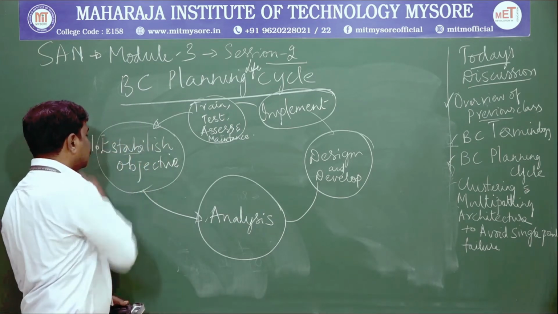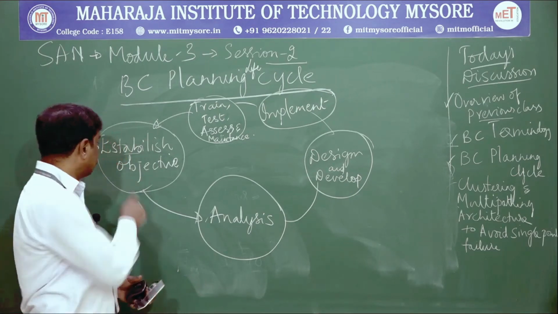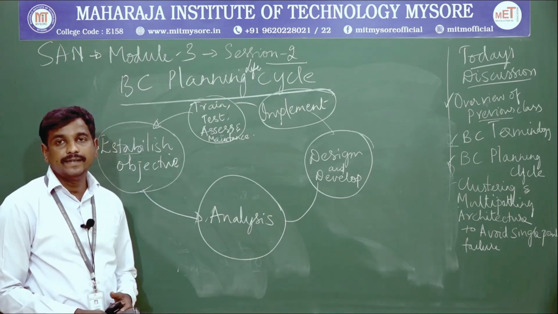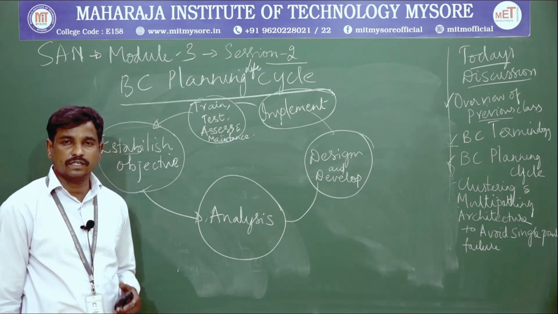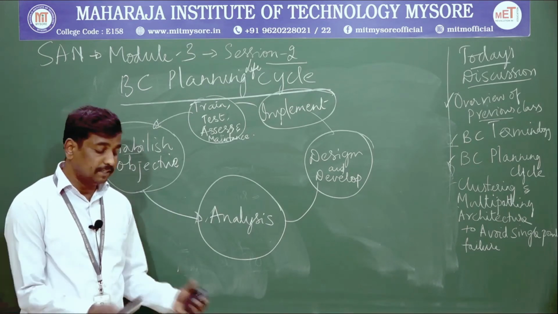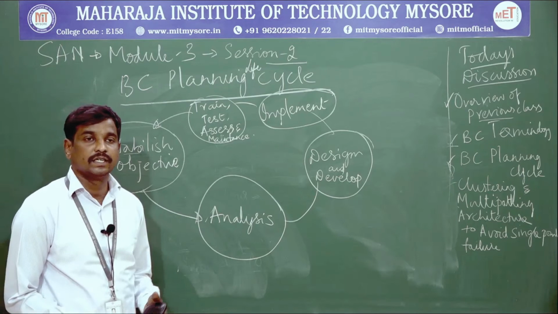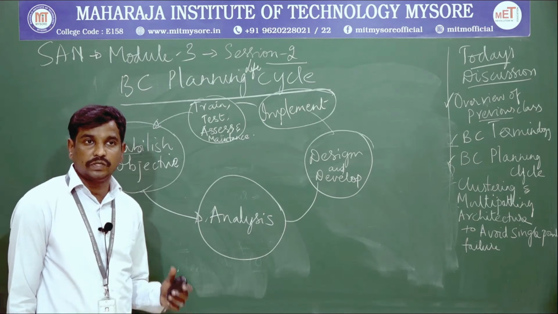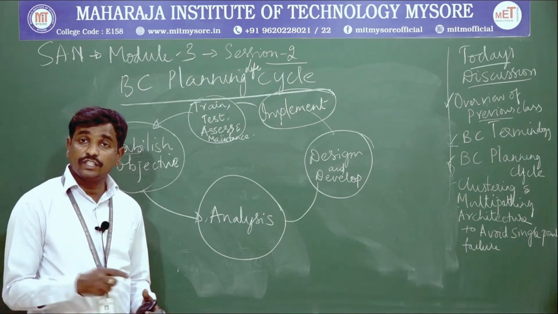So, let us discuss the first objective, which is establishing the objectives. How do we establish? Establishing the objective is done by determining the business continuity requirements. How do we do that? Different organizations have different requirements. Those requirements are determined by the business continuity team, which estimates the scope as well as the budget to achieve the requirements.